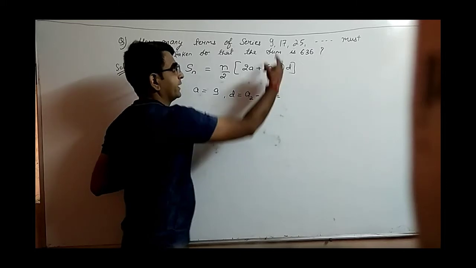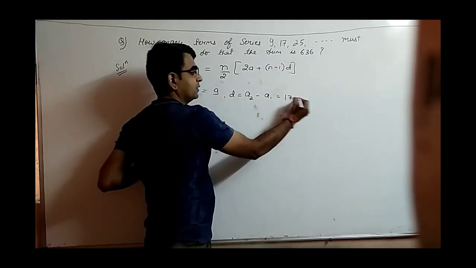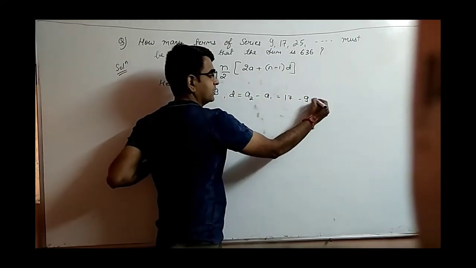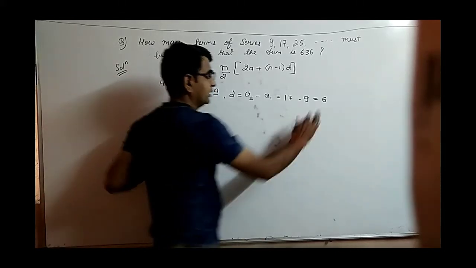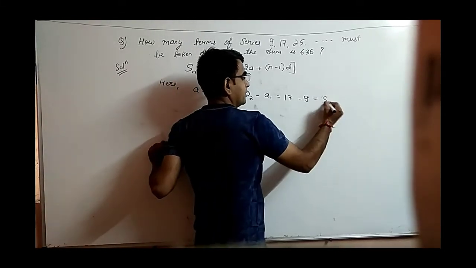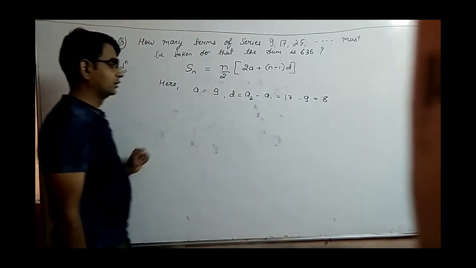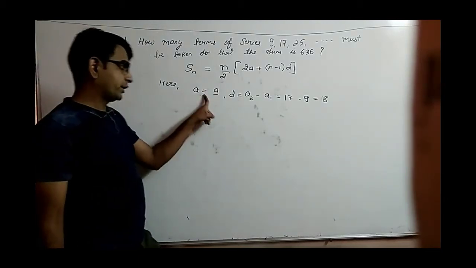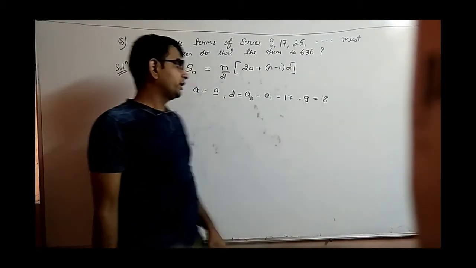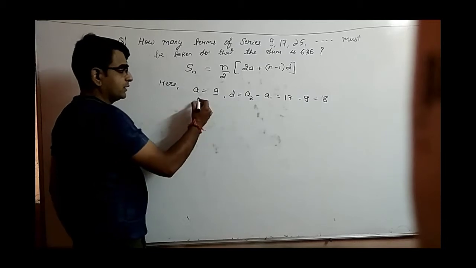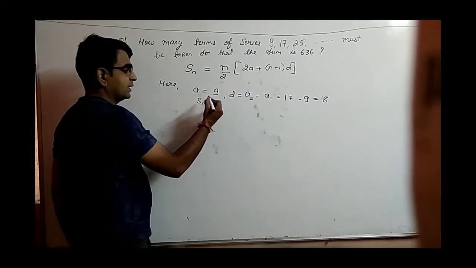So second term is 17, first term is 9, so d will be 8.